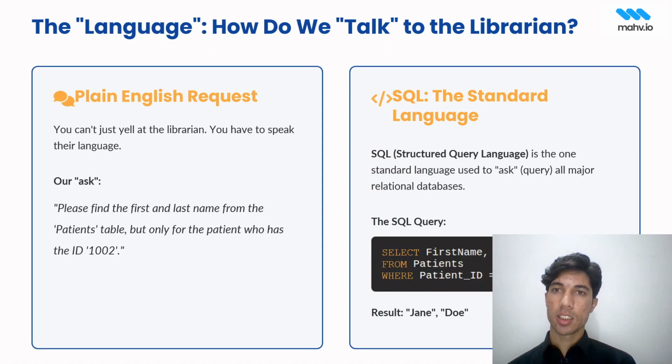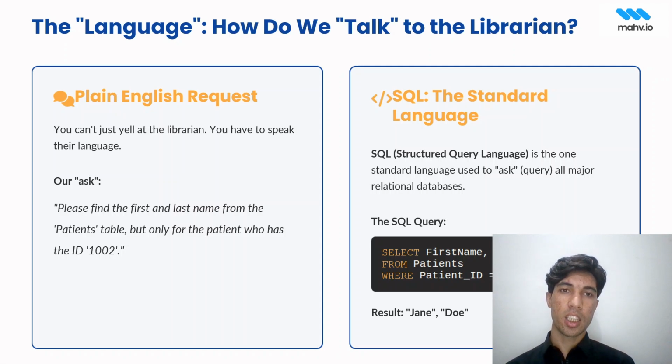Okay, the next thing is the language. How do we communicate to the so-called librarian, or the database management system to be more specific? Normally we talk with people in plain English, right? In our own languages, but a database management system is a software. It does not understand plain English.